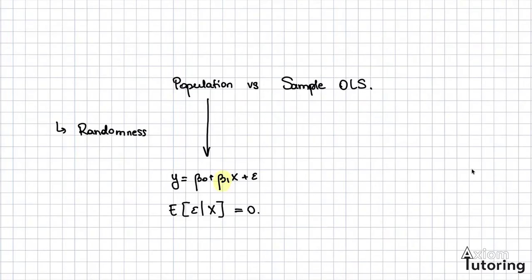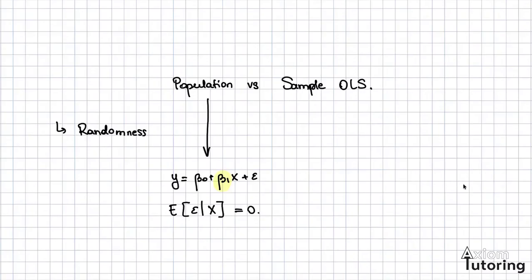And we said that the best linear approximation to the true CEF was the OLS. But as we don't observe everyone, and we only have a finite slice of the data, we can't compute expectations. We can only approximate them through the OLS.